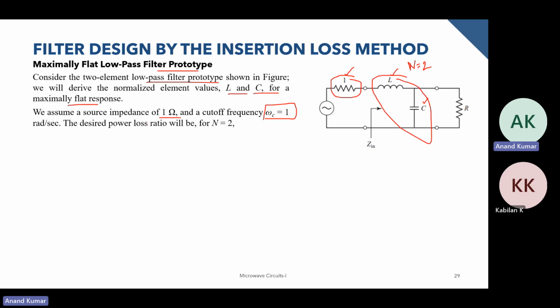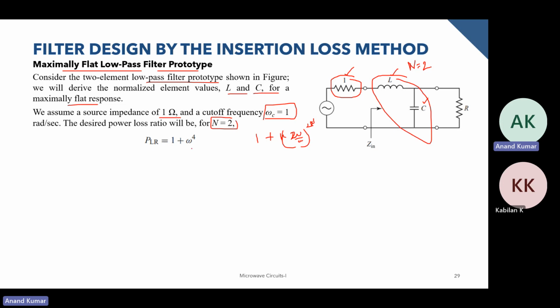For this particular n equal to 2, and since we are looking at a maximally flat response, the desired power loss ratio should look something like this: 1 plus omega to the power 4. If you remember, this was 1 plus k squared times omega by omega c, whole power 2n.